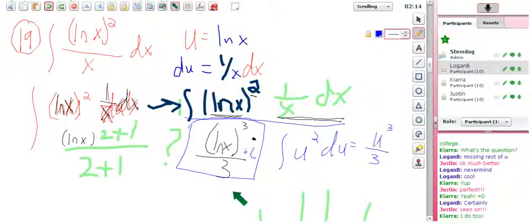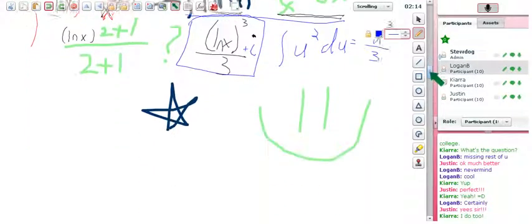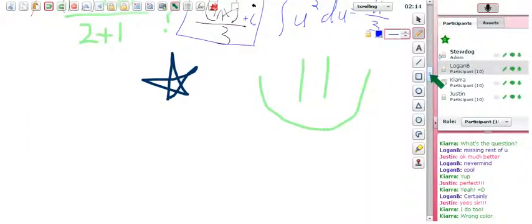Alright, well, guess we're done here, and yes, we do get a blue star for our efforts. That's very good. Yeah, that should be it. You guys have any last things?